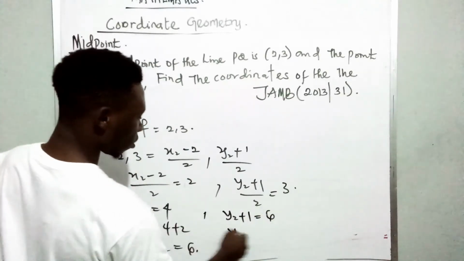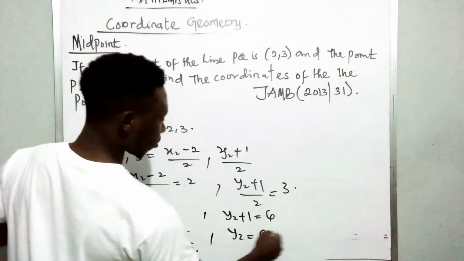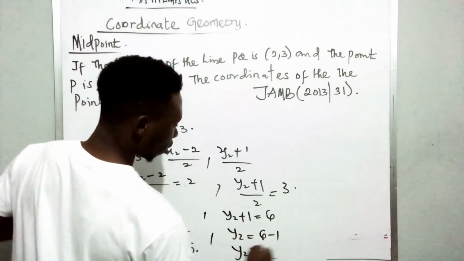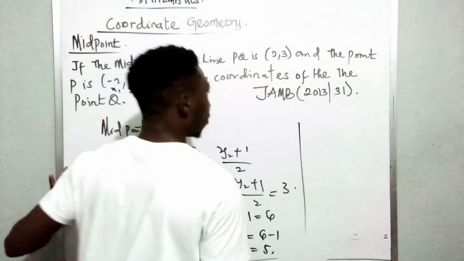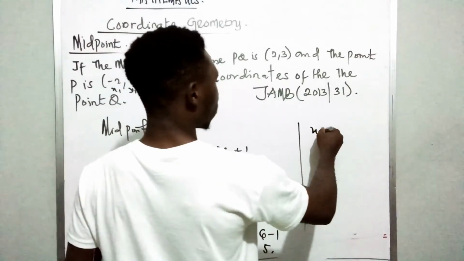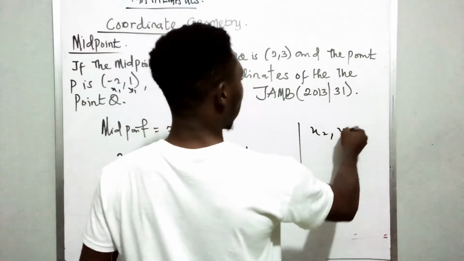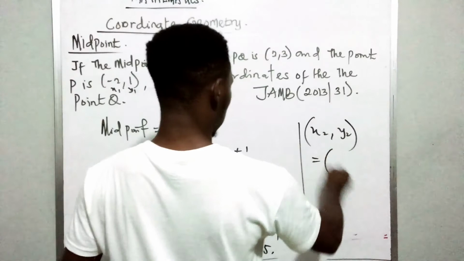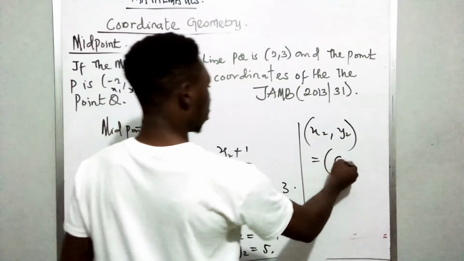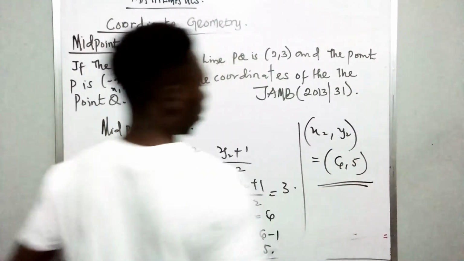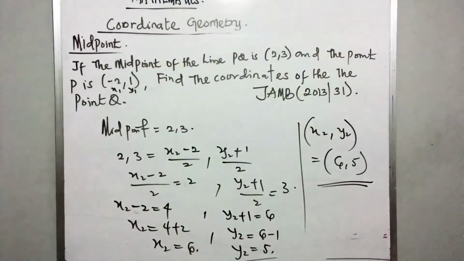So y2 is equal to 6 minus 1, so y2 is equal to 5. So our x2, y2 is equal to 6, 5. So 6, 5 is the answer to that JAMB question that came out in 2013, question number 31.